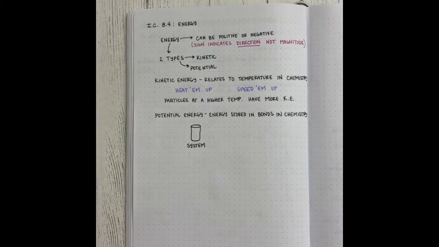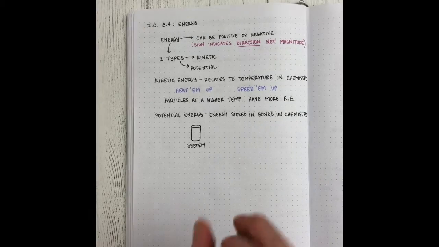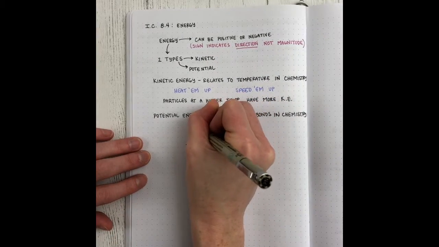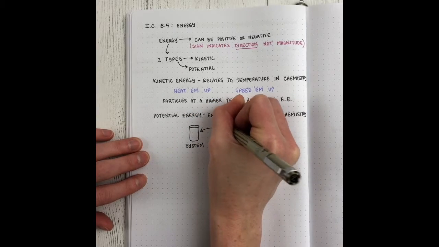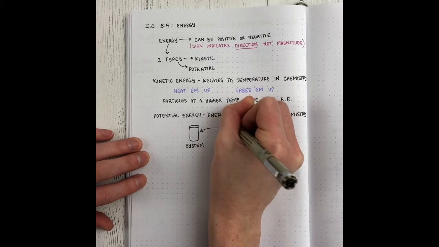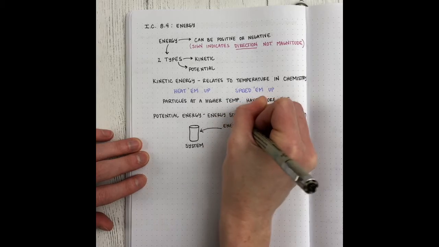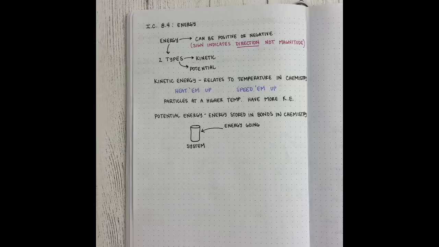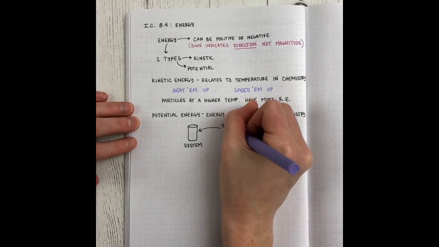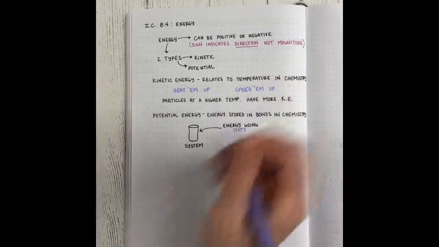So what I'm drawing next is a little beaker, and this beaker is going to be our system. A system is really just whatever is being observed. It's whatever is being looked at. It could be as large as our solar system, and it could be as small as a single chemical reaction.